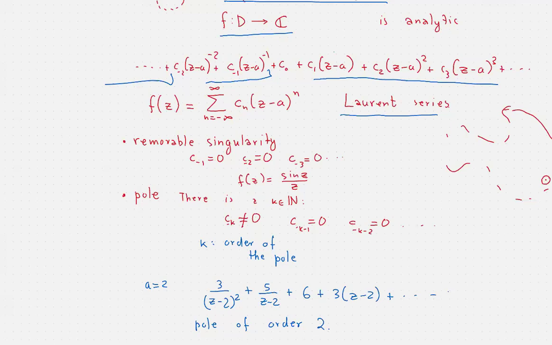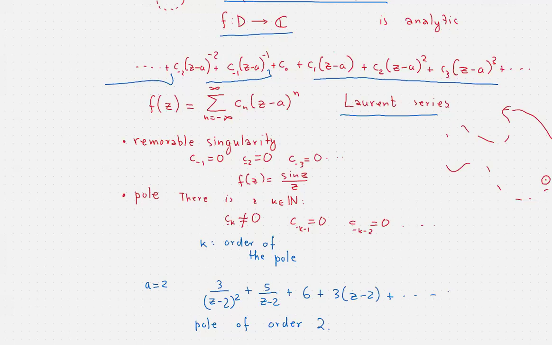So a good example would be sine z over z. Initially it's not defined at 0, but then we realize that it can be defined and assigned the value 1.